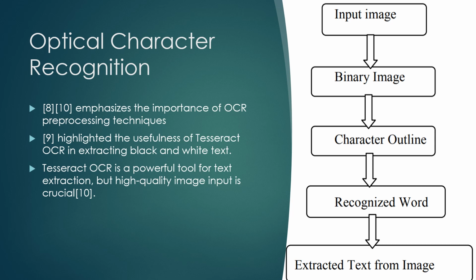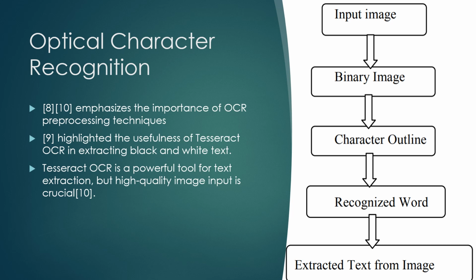The architecture can be seen to the right. Firstly, an input image containing text is fed into the Tesseract OCR process. Thresholding is used to convert the image into a binary format. By improving the contrast between the text and the backdrop, the binary image makes it easier to recognize the characters. Tesseract uses binarization to identify and extract individual character outlines, which serve as the foundation for additional analysis.